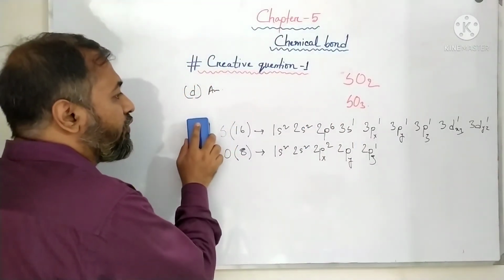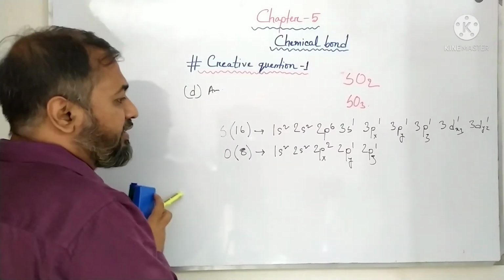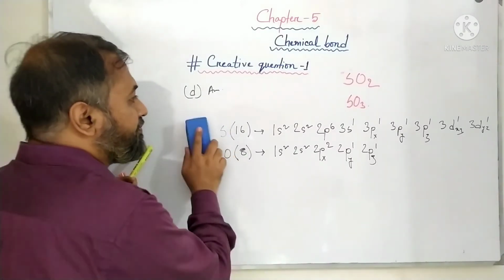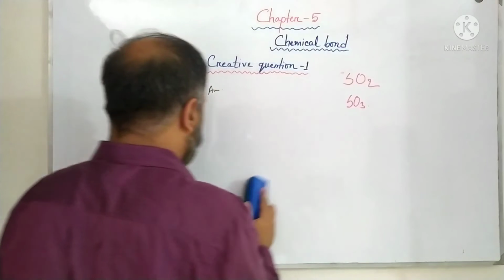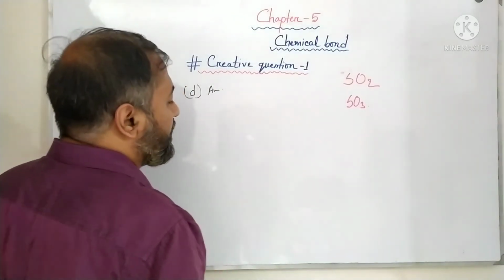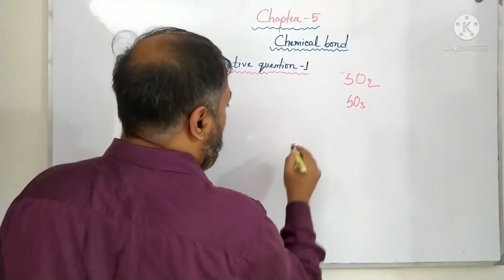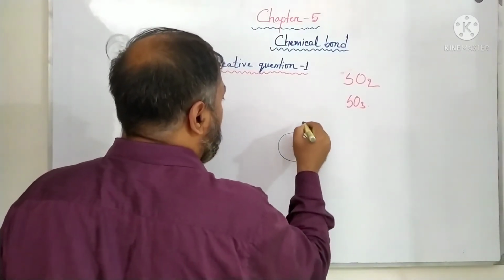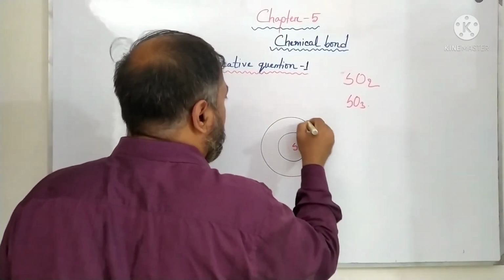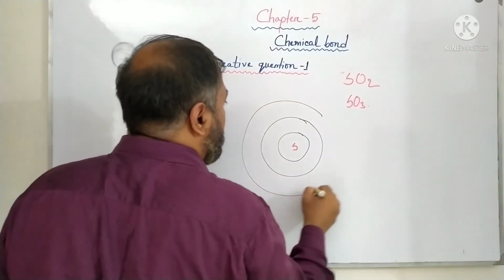Now students, I am showing you how sulfur trioxide is formed. So this is sulfur, and this is the first energy shell, second energy shell and third energy shell.